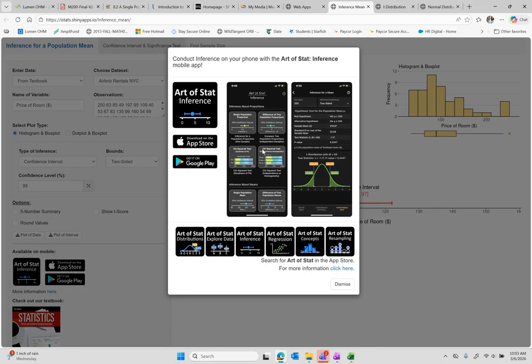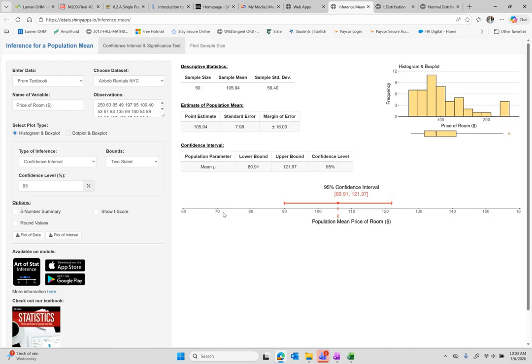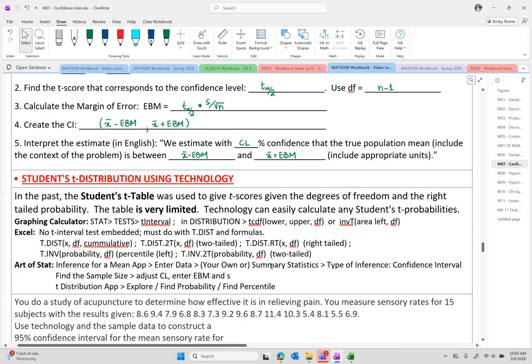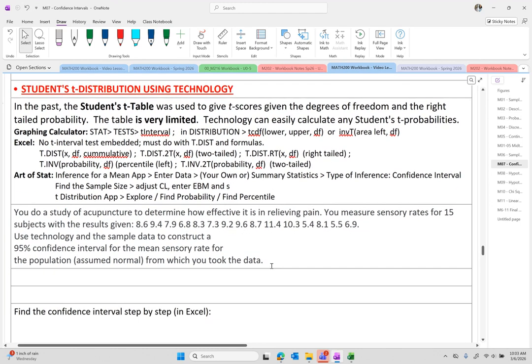And when you select that, it assumes that you don't know the population standard deviation and you have to find it. So you can enter your own data, or if the problem already gives you the summary statistics, the mean and the standard deviation of the sample, then you can enter that. But let's try to solve some examples in Excel and in ArtofStat to see how that works.